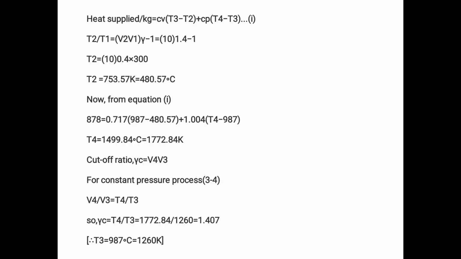From this we have to find the cutoff ratio, that is rho, which is 1.407. This is the problem. They are asking only the cutoff value, and the final answer is 1.407. Thank you.